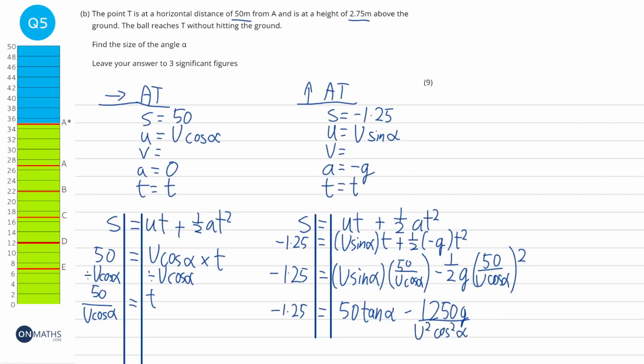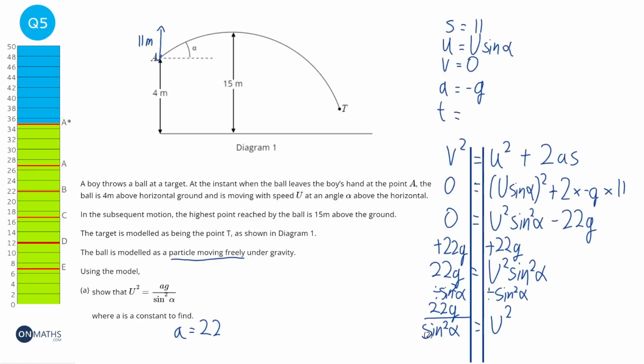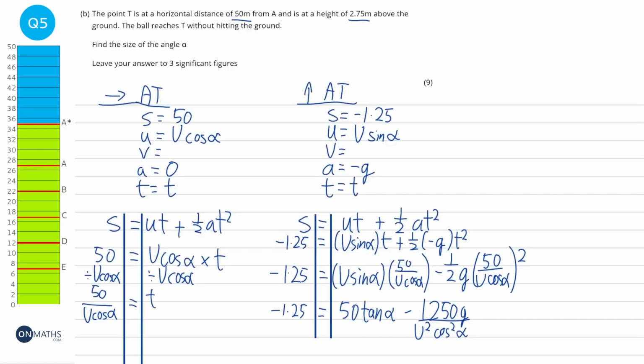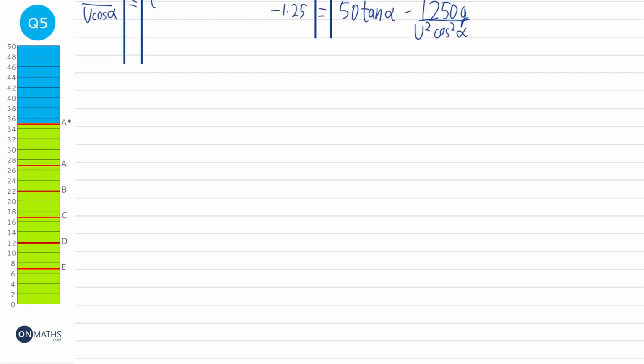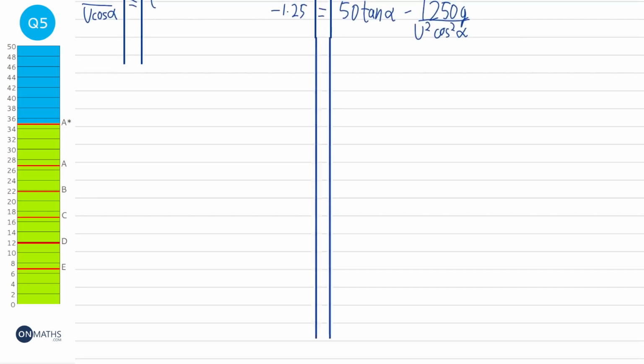Now it's interesting we've got this u squared here, because if we go back to part A, we've worked out that u squared is 22g over sine squared alpha, so we can substitute that in, and we're going to move down because we'll need a lot more space for this working out here.